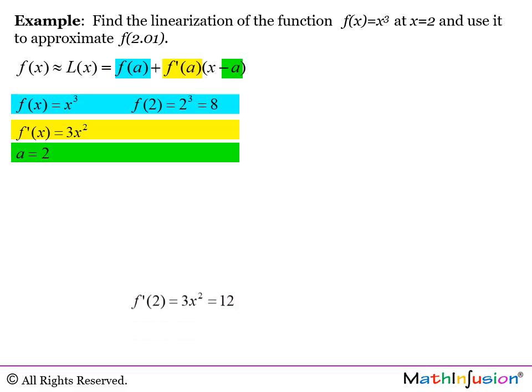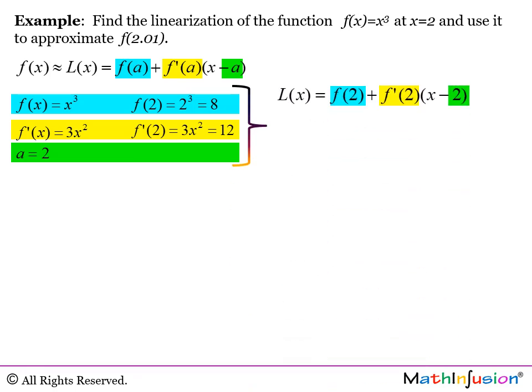We get 8. In the derivative, we get 12. And now we combine everything to find L(x). We do the algebra and simplify. And we get 8 plus 12x minus 24, which is 12x minus 16.